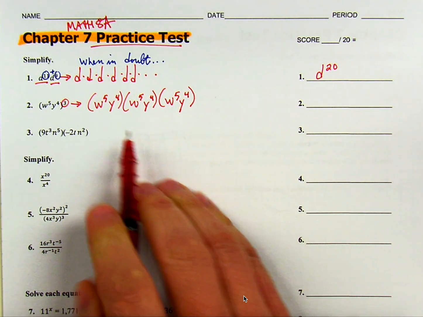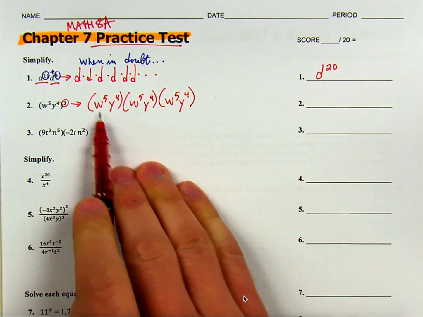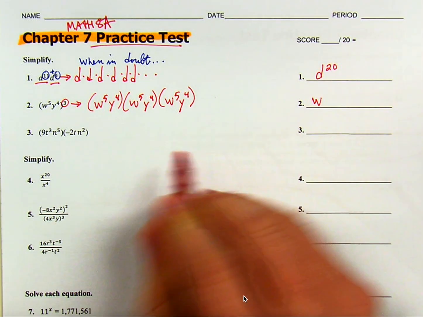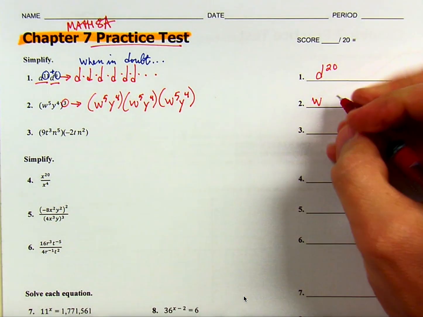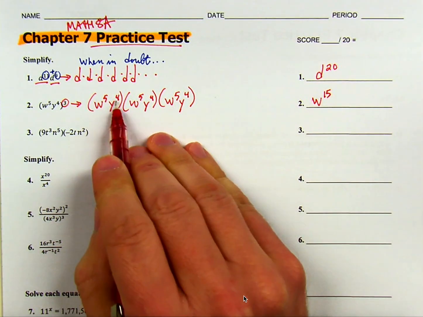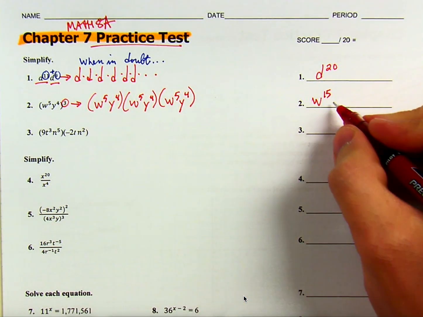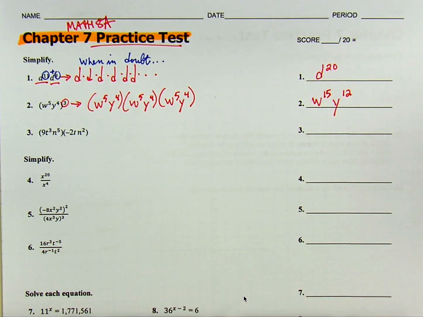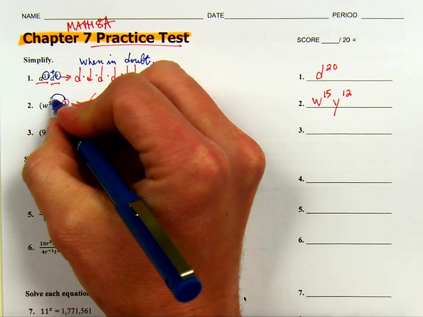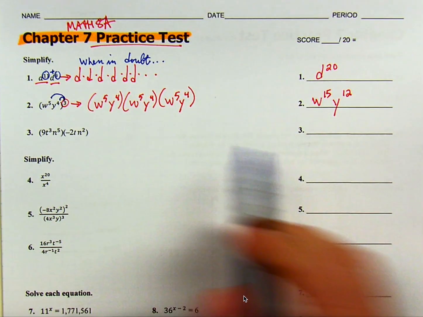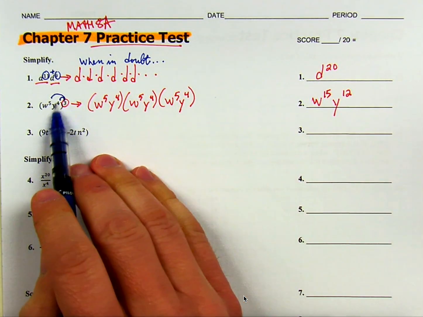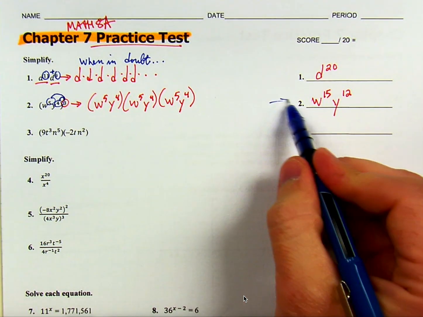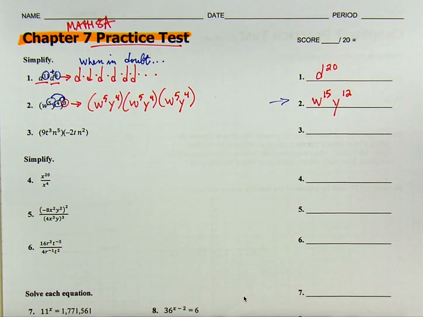And then I could, when in doubt, write it out even more and write out all the W's and write out all the Y's, but I think you can see that I would have 5, 10, 15 W's and 4, 8, 12 Y's here. And as you know, the trick on this one is, what do you do with these exponents? You multiply them. 3 times 5 is 15, 3 times 4 is 12. That's the easiest way to get your answer. Nice and short and quick and easy.